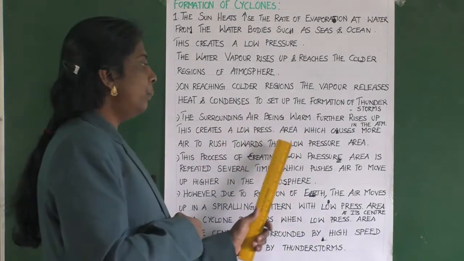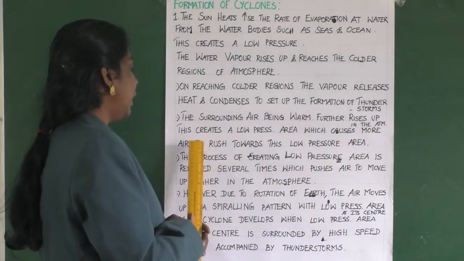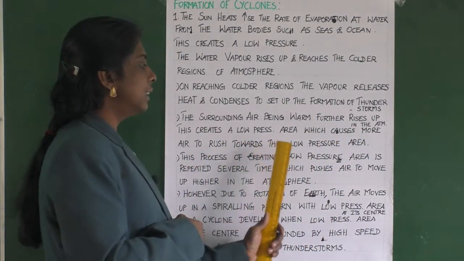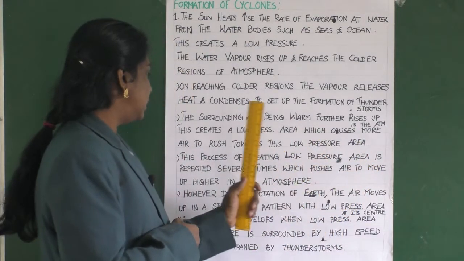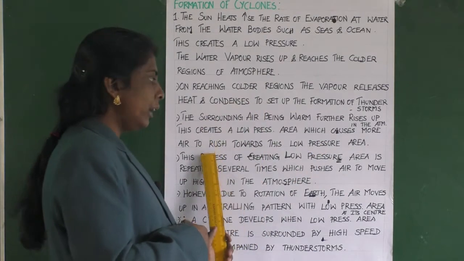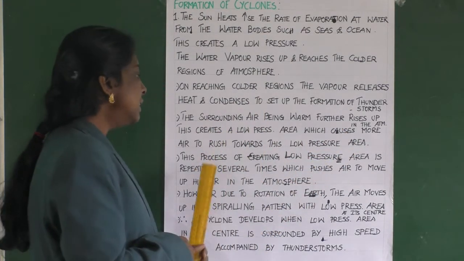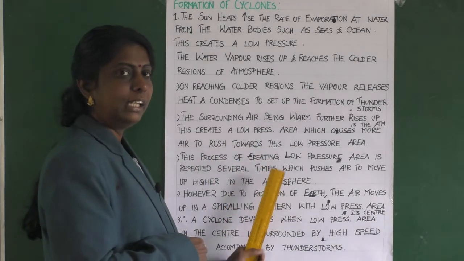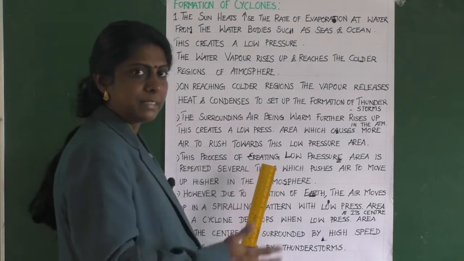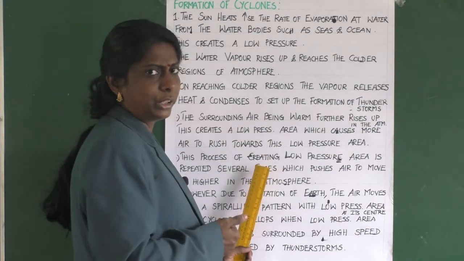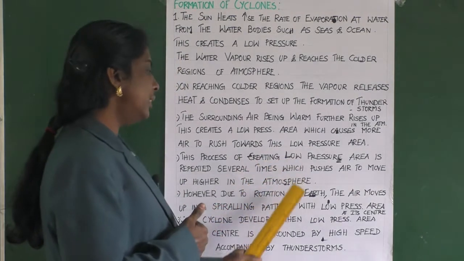This creates a low pressure area which causes more air to rush towards this low pressure area. Clear? This process of creating a low pressure area is repeated several times.